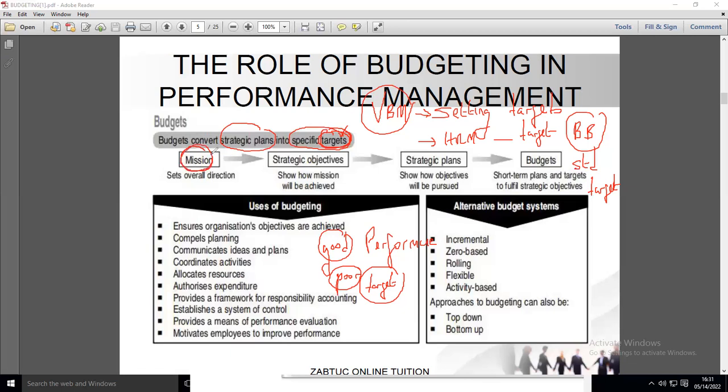Throughout this course, we have seen the role of the mission statement in performance management. So before we can even talk about the budget, we go back to the basics, which is the mission, where we've got the overall direction. It's from here that we come up with the strategic objectives, how the mission will be achieved.